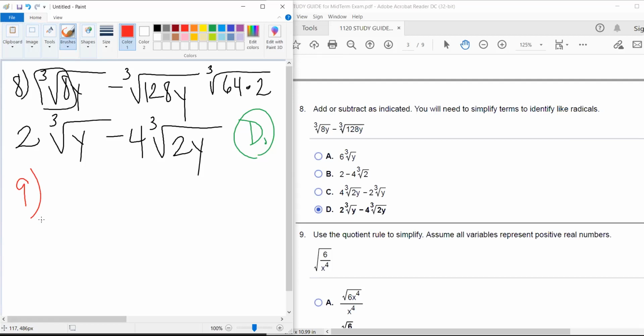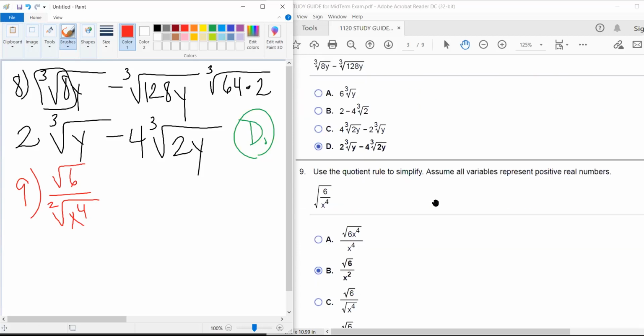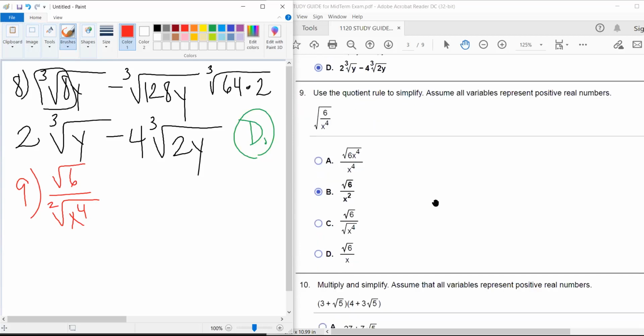Question 9, use the quotient rule to simplify, and same common directions as before. Now, since the entire fraction is under a radical, then that means each separate part is also under a radical. So we can split this fraction as square root of 6 over the square root of x to the 4th. Now the square root of 6 is already in simplest form, so we leave it alone.